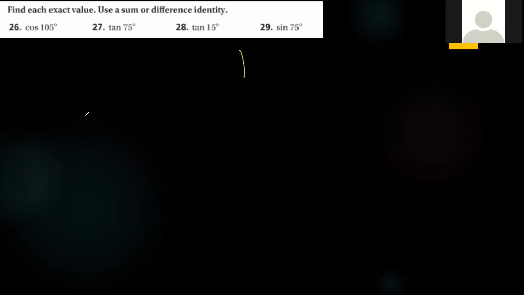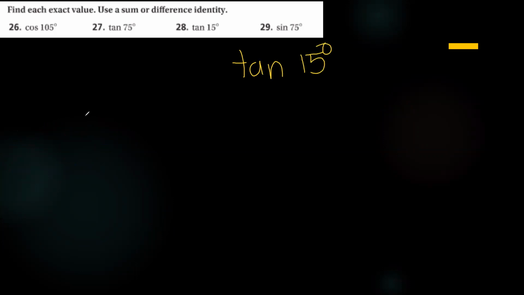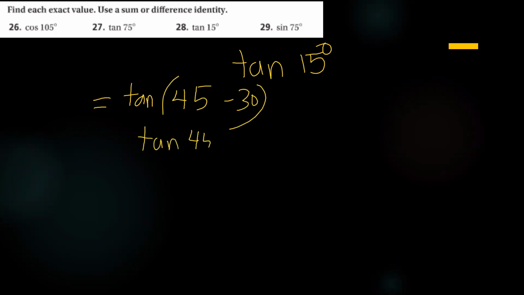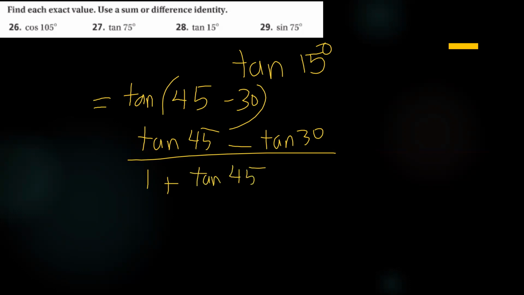The tan of 15, we say that it is tan of 45 minus 30, so tan of 45 minus tan of 30 over 1 minus or plus tan of 45 tan of 30.